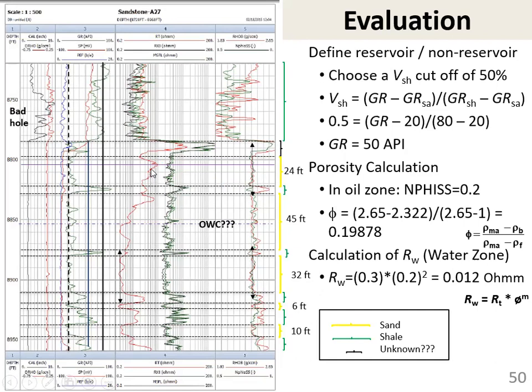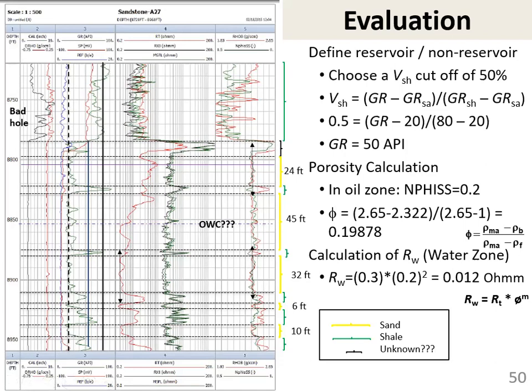But here you would see that you are having some relatively high resistivity within that, from 8,800 thereabout up to about 8,840 before your resistivity starts trending downwards.